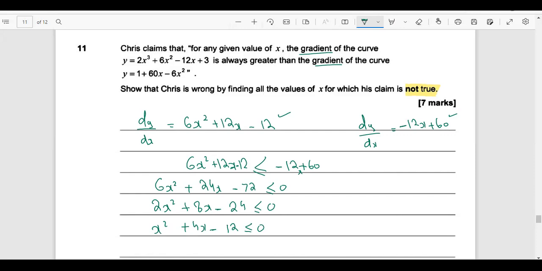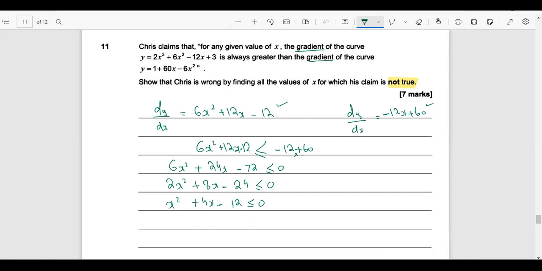I'll make 2 factors. Can you think about the 2 factors? 6 and minus 2? Right, Vidya? Plus 6 and minus 2, yeah. Very good. So it would be x plus 6 into x minus 2 less than equal to 0.